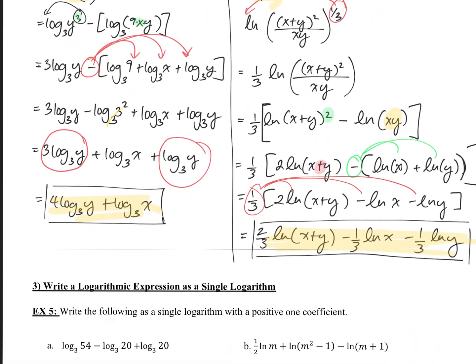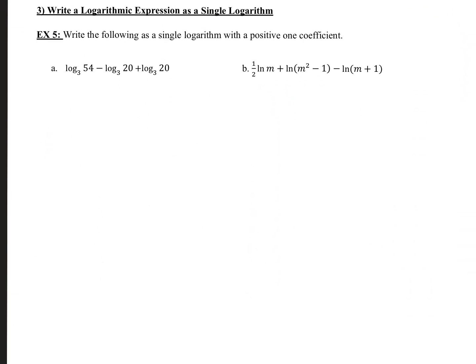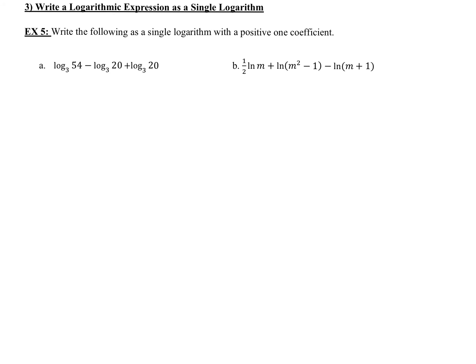All right, let's take a look. So for the first one, do we see any addition or subtraction that we need to get rid of? Yeah, for part A, I see we have subtraction here and addition here. Do we see any powers for the first one? No, we don't have any powers. But let's take a look at B. Do we see any addition or subtraction we need to get rid of?